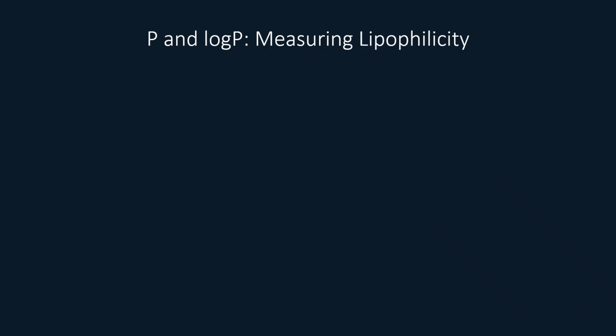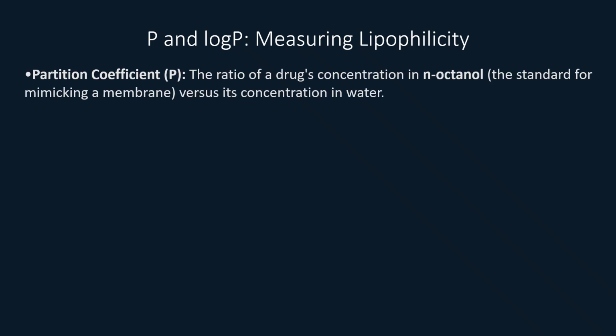The partition coefficient P is defined as the ratio of a compound's concentration in octanol versus water. And log P is simply the base 10 logarithm of that ratio.